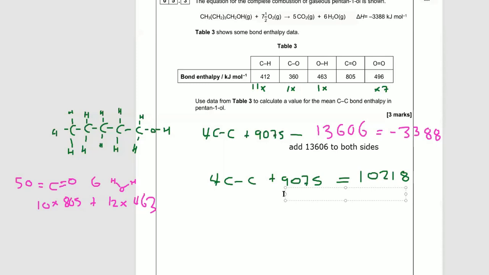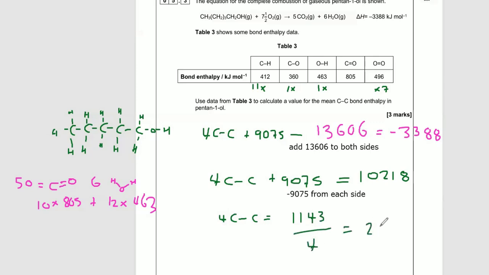Now I want to get rid of the 9075 to leave the C-C bonds on their own, so I'm going to minus 9075 from each side. That gets rid of the 9075 on the left and reduces my right-hand side as well. So this ends up with the 4 C-C bonds equaling 1143.